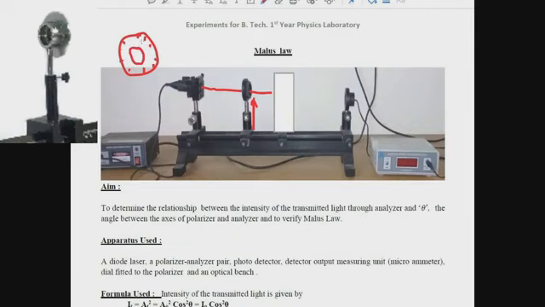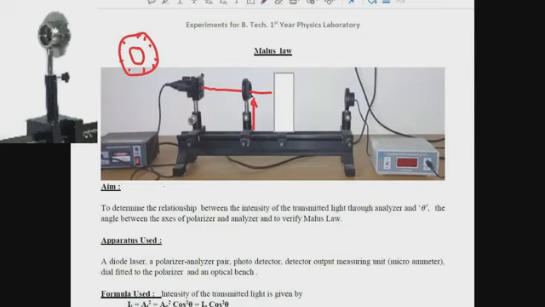This circular scale is 360 degrees, and there is a pointer on it. Once you rotate the rotator, that pointer will rotate along with it, and that pointer will mark out the particular angle that you are pointing to.